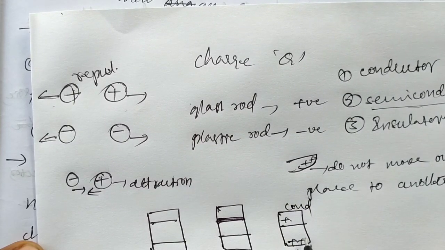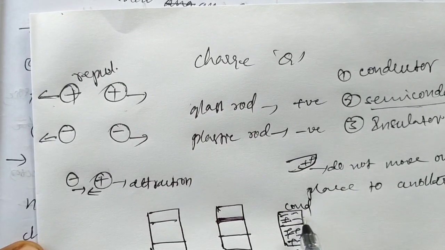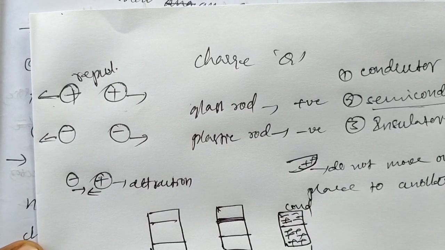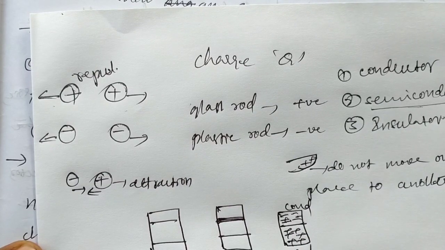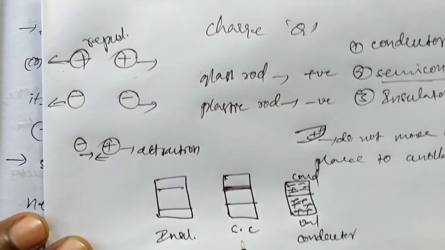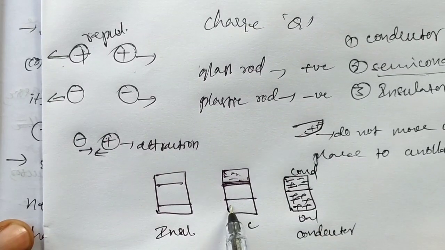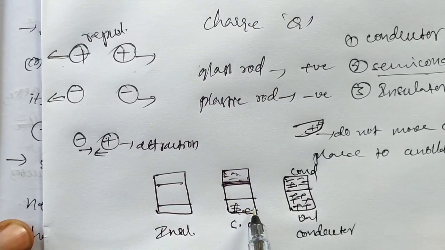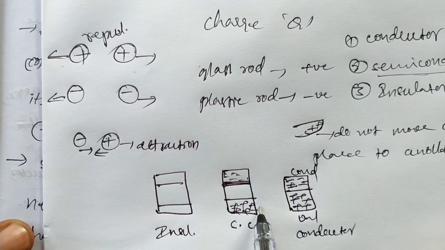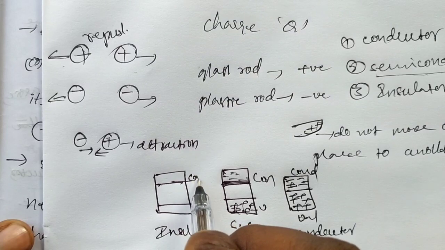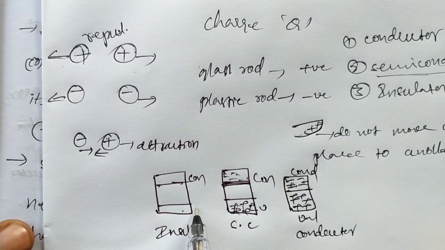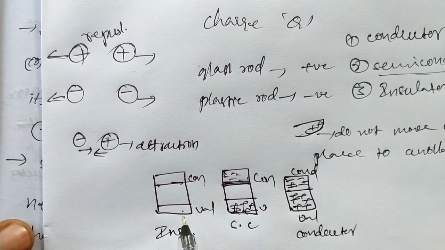The valence band is positively charged, and the conduction band is neutrally charged. There is the conductor or metals, and this is a semiconductor. Here is the energy gap.